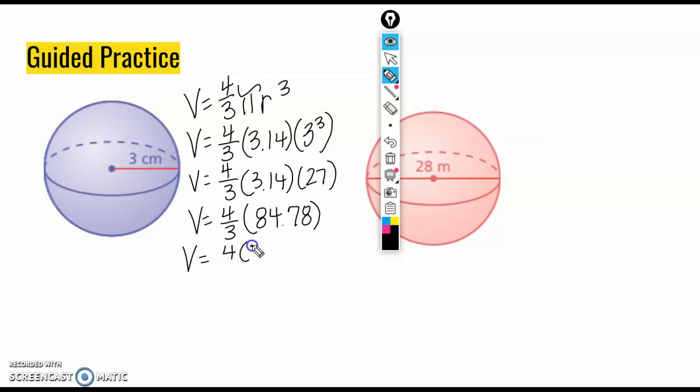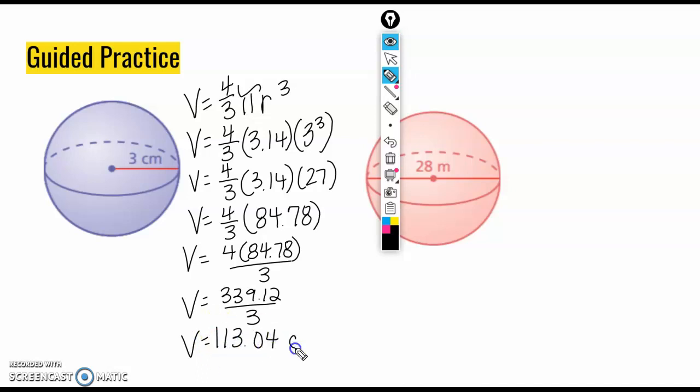So we have 4 times 84.78 divided by 3. When I multiply 84.78 times 4, that gives me 339.12, divided by 3 would give us a volume of 113.04 centimeters cubed.